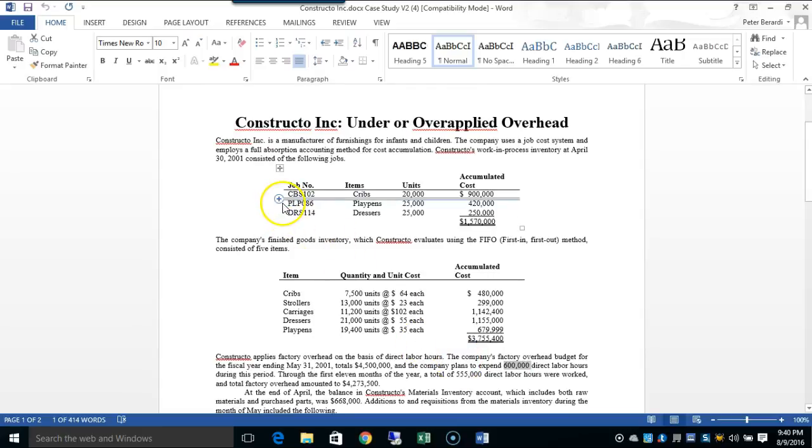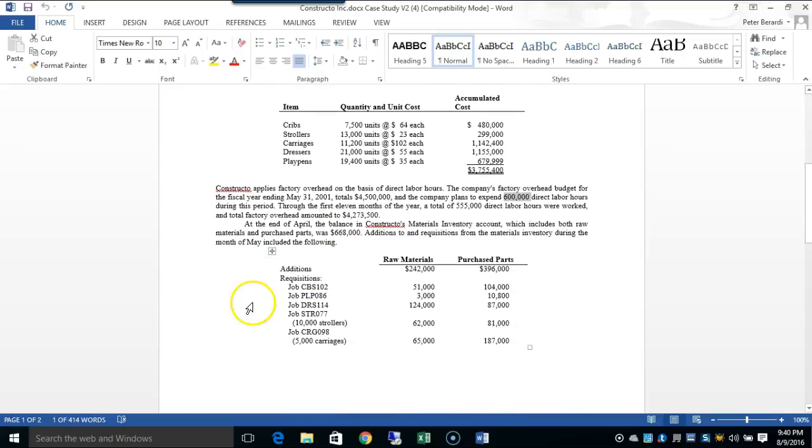Essentially, your beginning WIP consists of these three jobs. What was added to WIP throughout the process were two new jobs, STR 077 and CRG 098. So now we have basically 5 jobs in WIP.